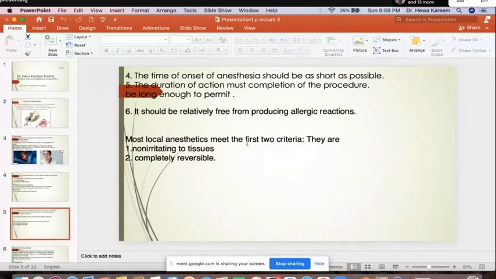Most local anesthetics have two criteria: non-irritating to the tissue and completely reversible. After a few hours, or 2 hours, the effect of the anesthesia must be removed.